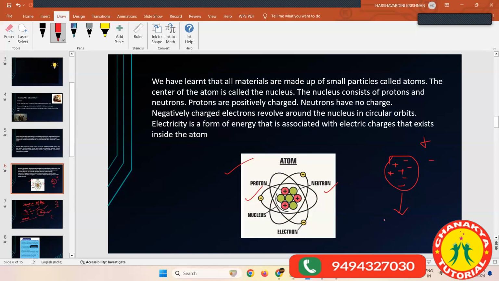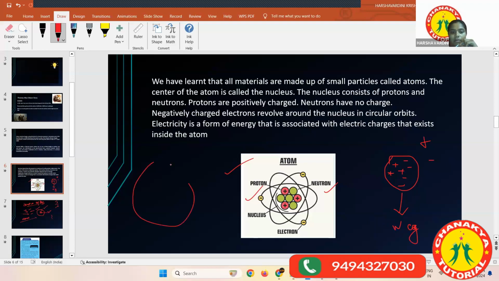Negatively, because the negative signs are more than the positive. That's the normal sense of guessing it, right? Now I'm drawing another ball.